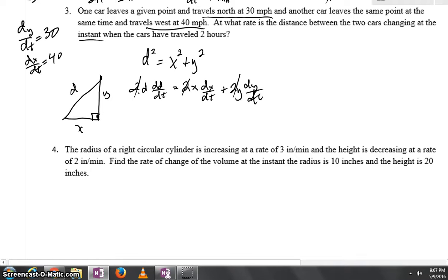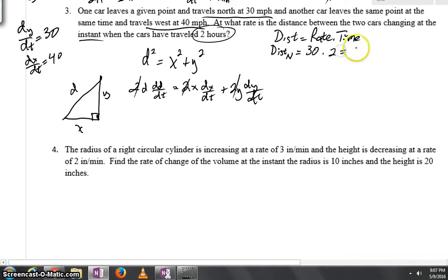But there is one instant that we're looking at in particular, and that's 2 hours after they've begun traveling. Distance is equal to rate times time. If we look at the distance to the north, the rate of speed is 30 miles per hour.